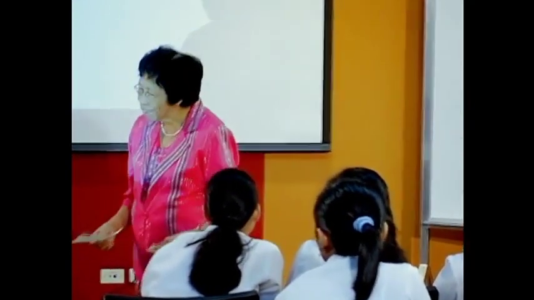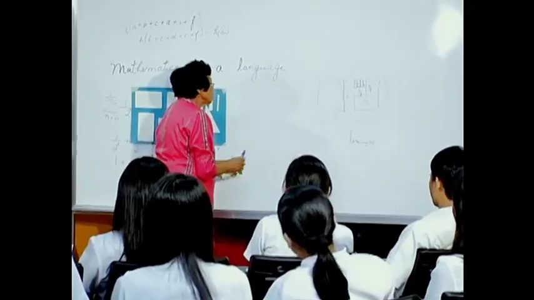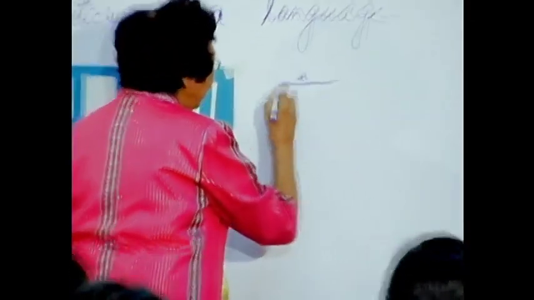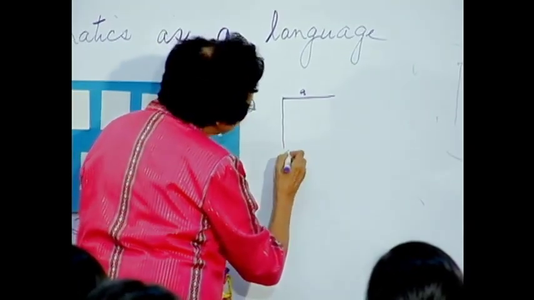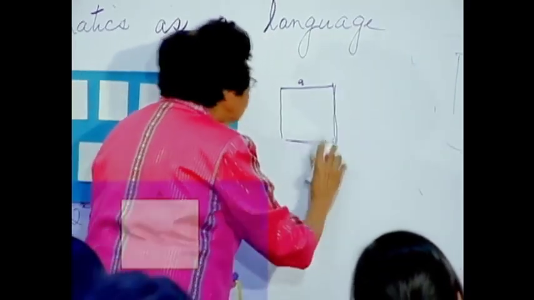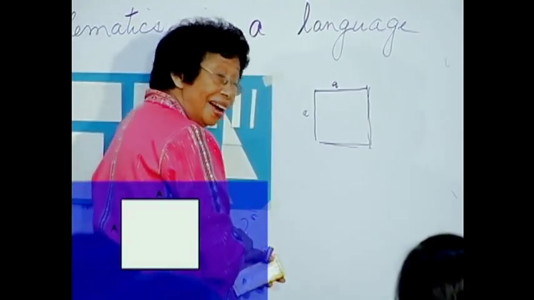Let's go over a particular knowledge that you have. If I say, for example, this is A, and this is A, and I complete that, what's the area? It's A by A, right?